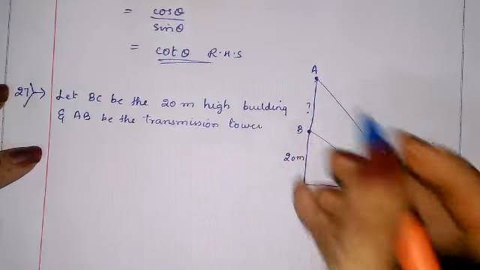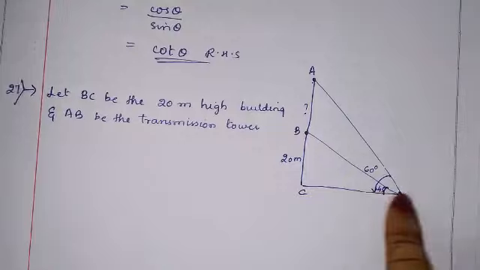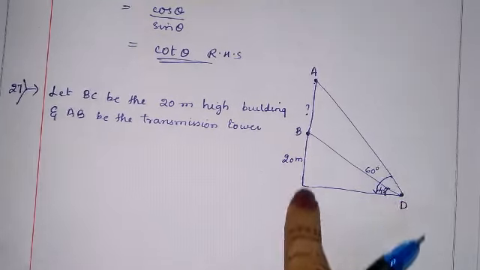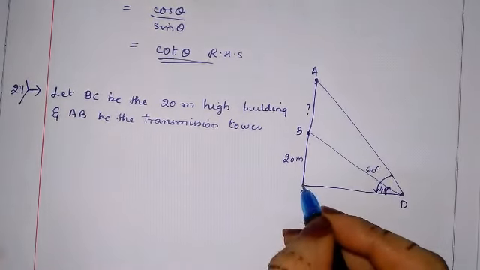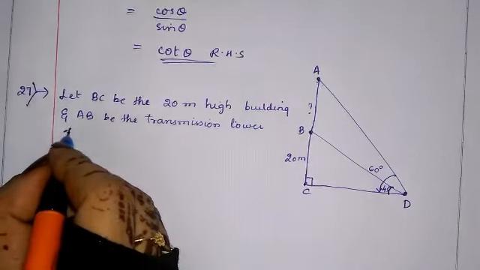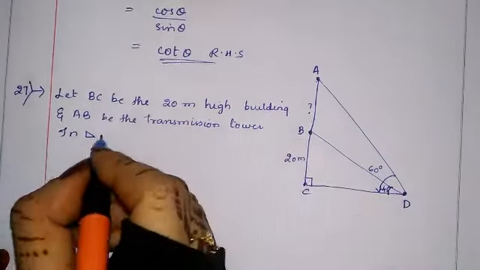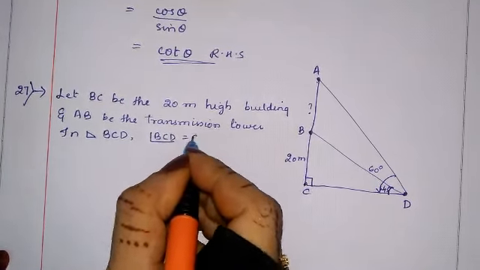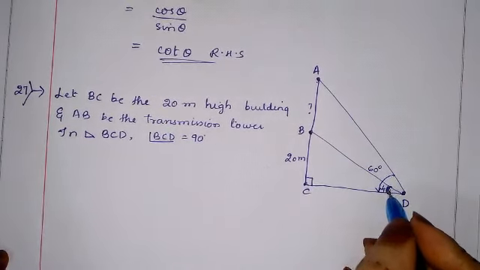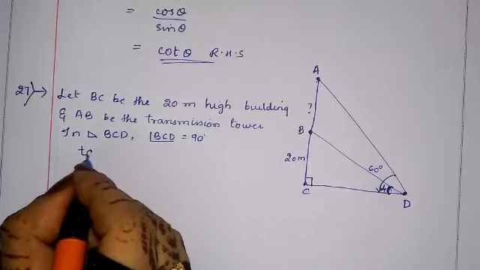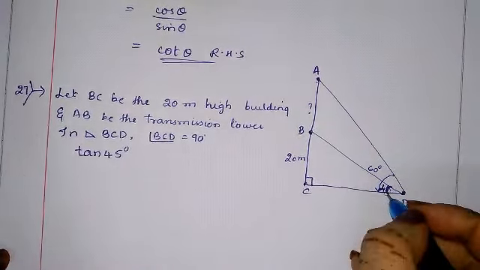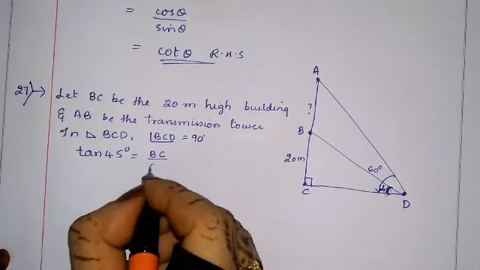So we have to find AB. Now we can see this is a question from application of trigonometry, so we should focus on right angle triangle. So I take this small right angle triangle, because something they have given here. In triangle BCD, we can see angle BCD is 90 degree. So this is 45. Tan 45 degree is equals to, because small angle is tan 45. Tan is nothing but opposite upon adjacent, BC by CD.